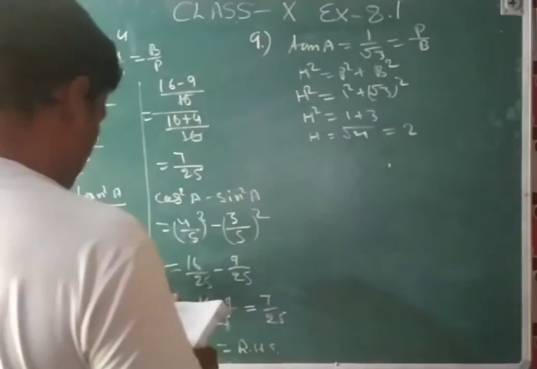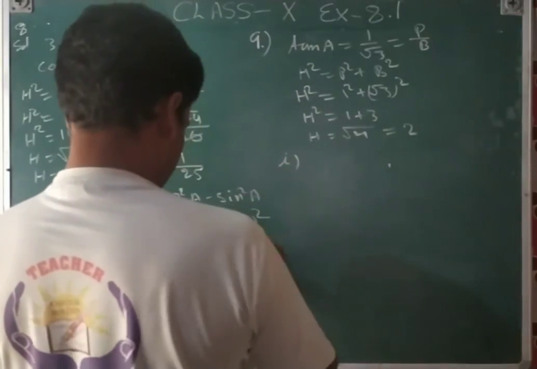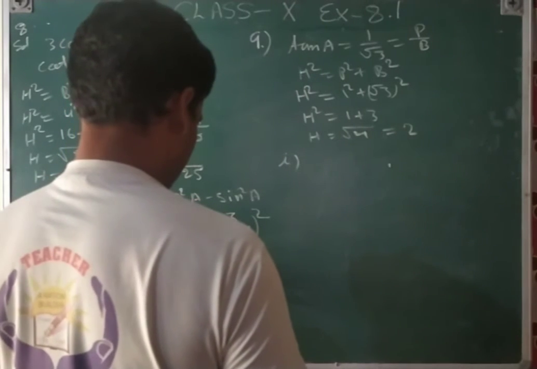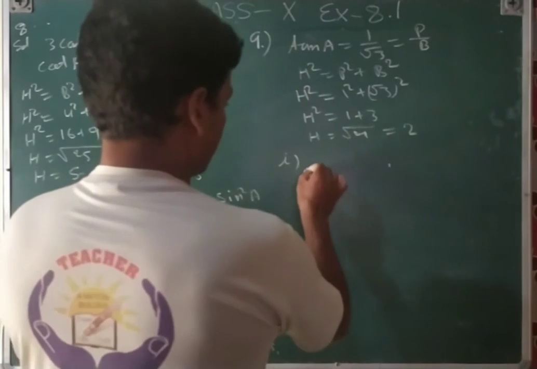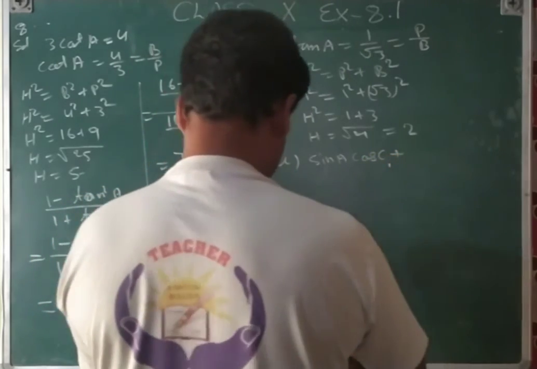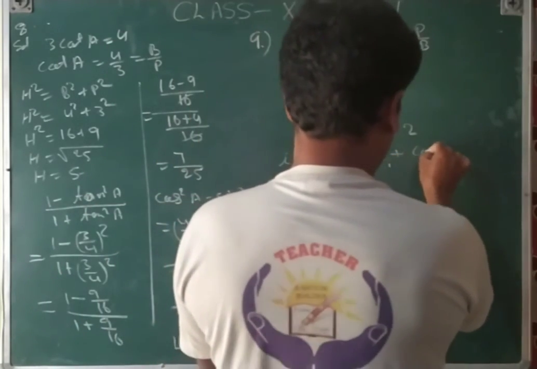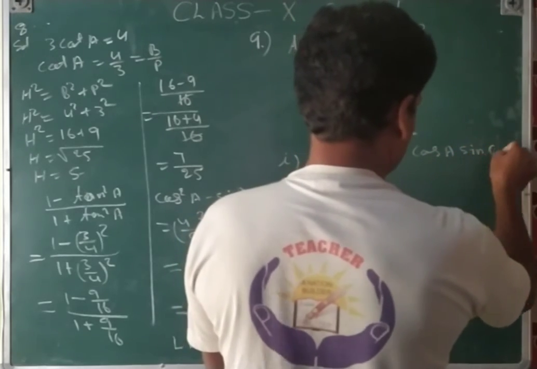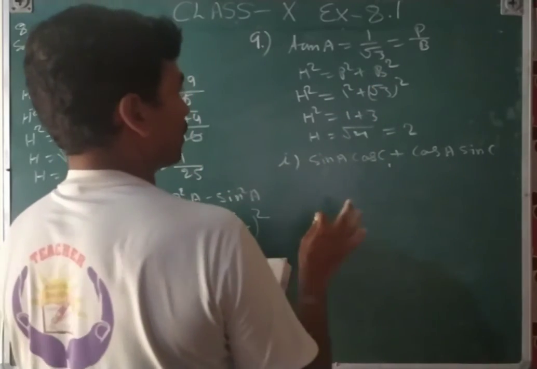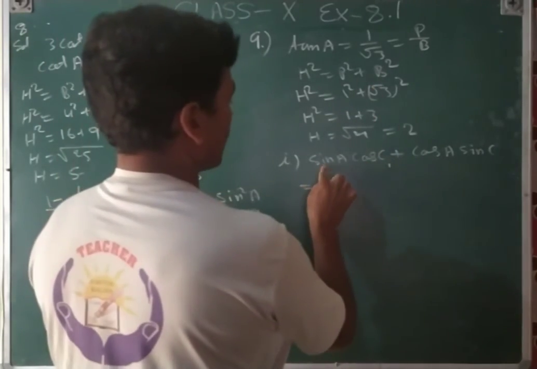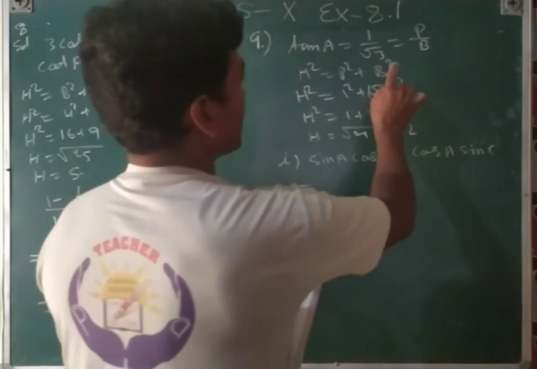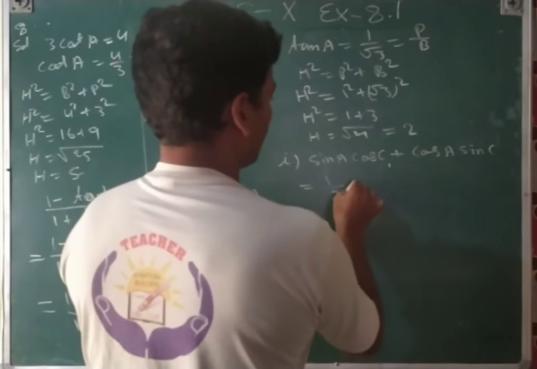Now the first part is sin A cos C plus cos A sin C. So for sin A, the same angle, perpendicular will be perpendicular and base will be base. So sin A means P upon H, that will be P upon H. So P is 1 upon 2 multiply.